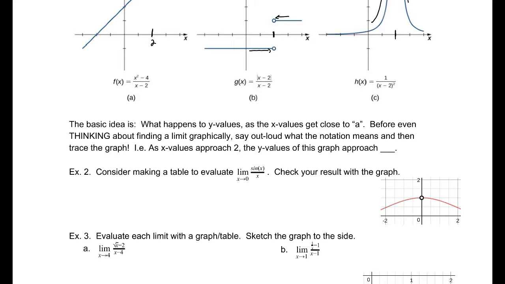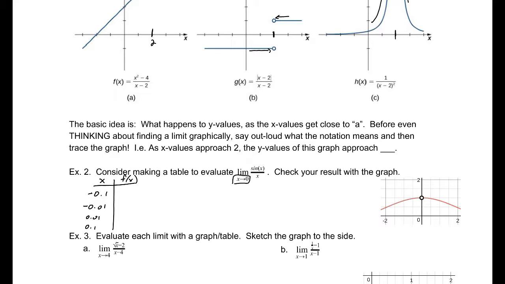I actually have graphs over on the side of all of these. But if I were going to use a table for my limit, since I want to know where x is close to 0, I might try negative 0.1, negative 0.01, positive 0.01, positive 0.1.